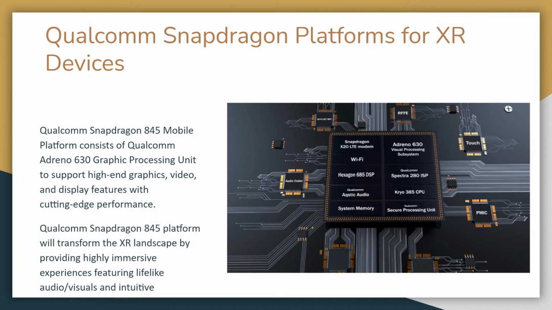And one of the technologies I really wanted to touch today is the Qualcomm Snapdragon platform. This is a processor, the CPU, that is going to be developed by Qualcomm, and this is going to be implemented in many smartphones.